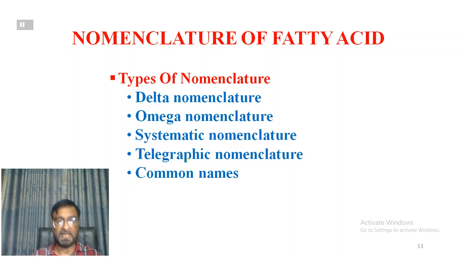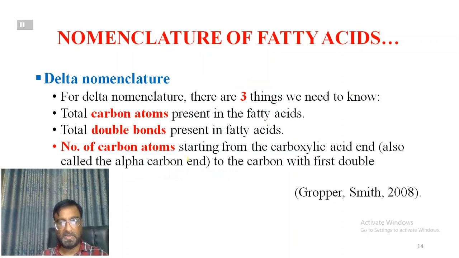For example, delta nomenclature, omega nomenclature, systematic nomenclature, telegraphic nomenclature, common names, trivial names. For delta nomenclature, there are three things we need to know: total carbon atoms present in the fatty acid, total double bonds present in the fatty acid, and the number of the carbon atoms, starting from the carboxylic acid end.